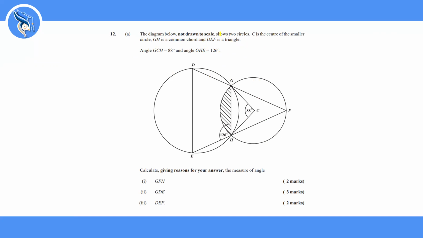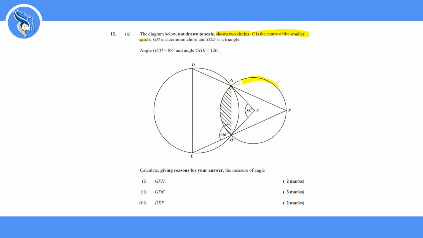So this diagram shows 2 circles this time. C is the center right here of the smaller circle. GH is a common chord, meaning it's a chord in both the larger circle and the smaller circle.